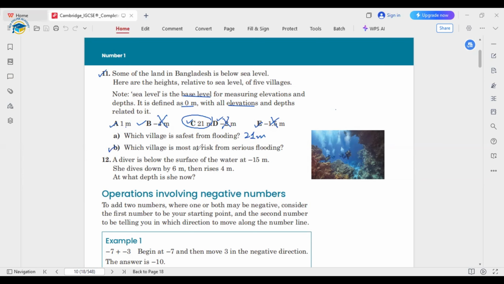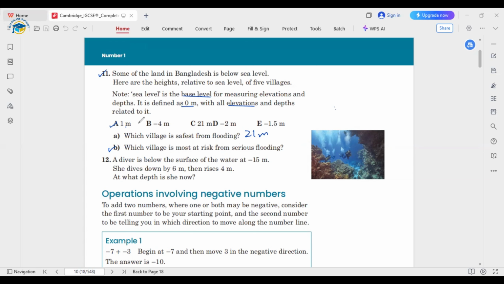Next, part B asks which village is most at risk from serious flooding. Obviously the village that does not have as much height as the other ones will be at more risk. But here you can check that some of them have the negative sign, so we will be checking them out. The most risky village will be the one having the least height.